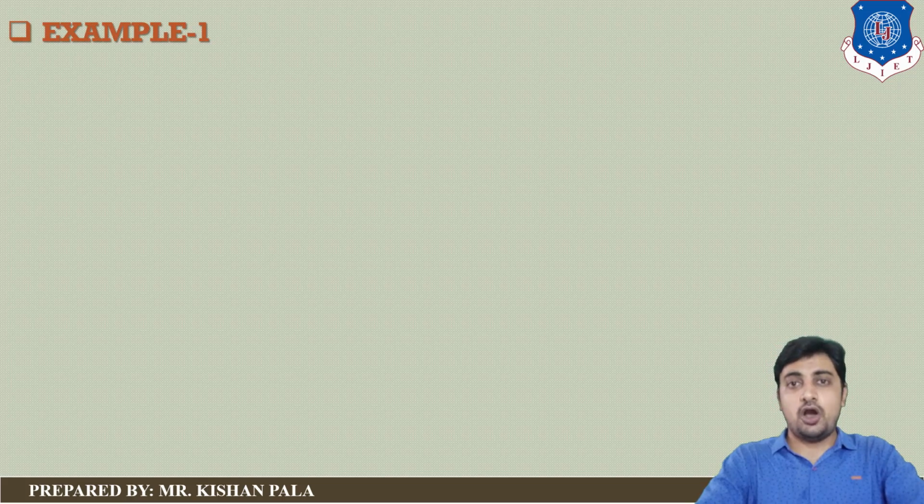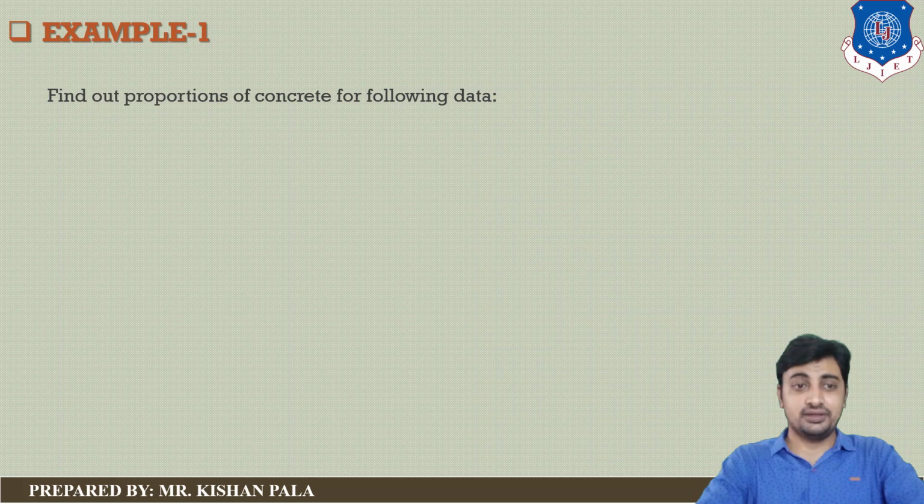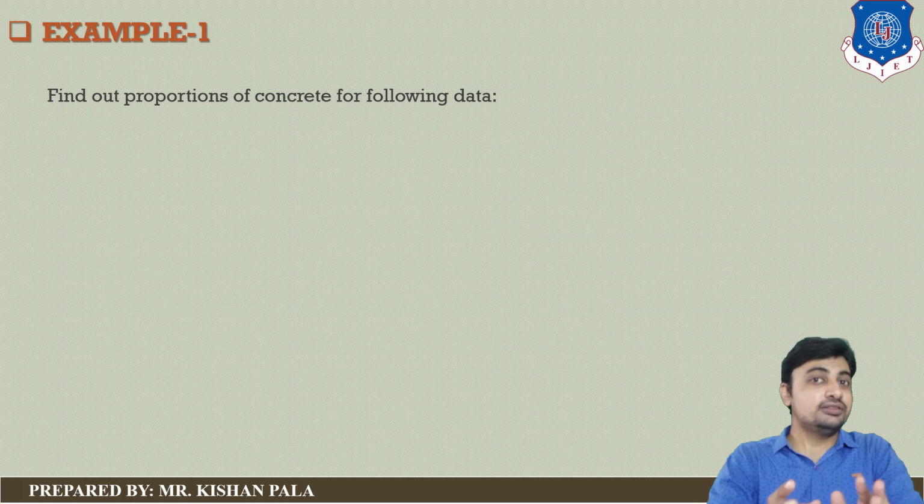Let us start our example number 1. Find out the proportions of concrete for the following data. As we know, based on the requirement of our existing site and the properties of the ingredients like cement type, coarse aggregate, fine aggregate and water mass, and based on the plasticizer as well as the super plasticizer, we have to find out the particular compressive strength.